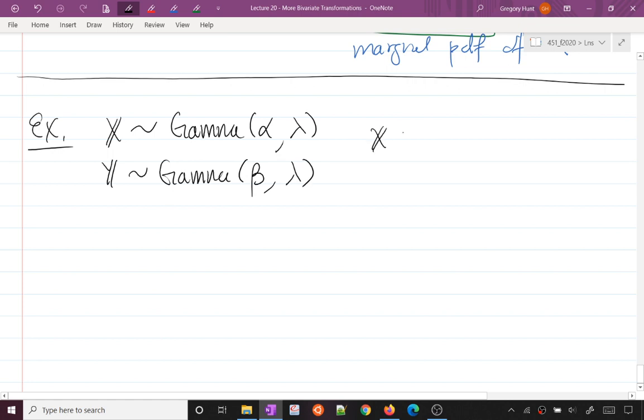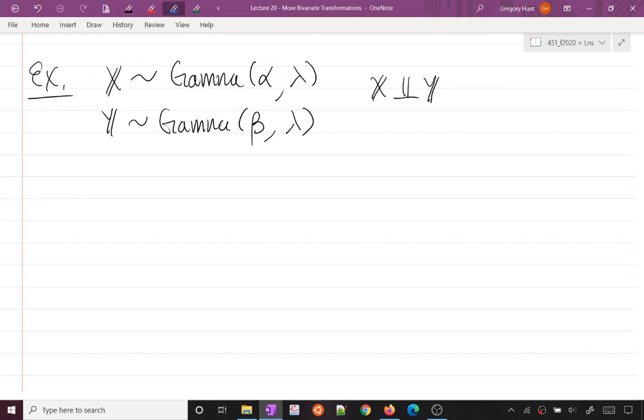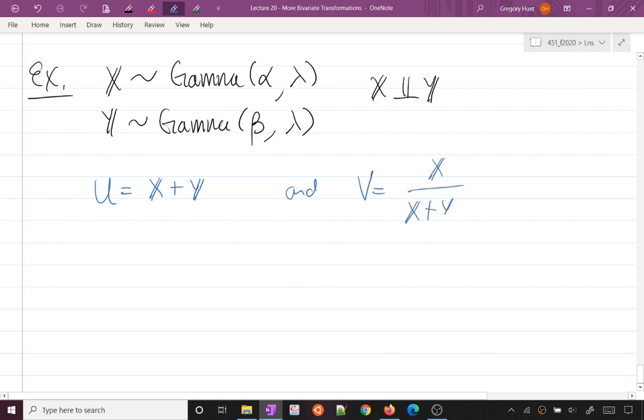And I'm going to say x is independent of y. And I'm going to consider the bivariate transformation, u, which is x plus y, and v, which is x over x plus y.